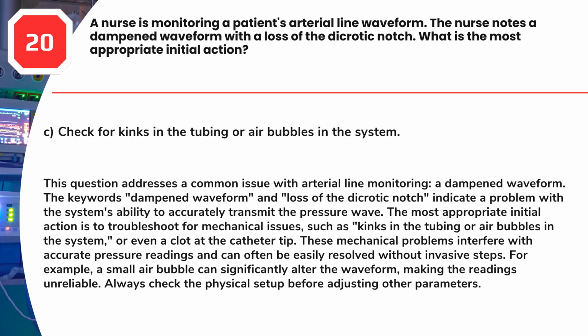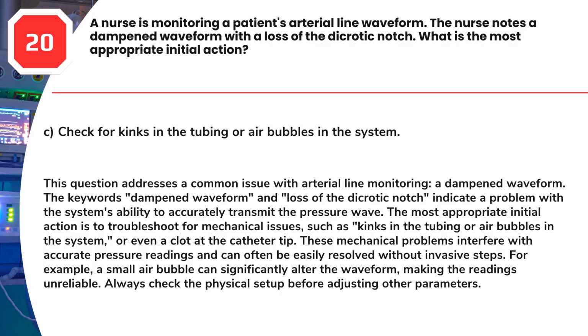This question addresses a common issue with arterial line monitoring, a dampened waveform. The keywords dampened waveform and loss of the dicrotic notch indicate a problem with the system's ability to accurately transmit the pressure wave. The most appropriate initial action is to troubleshoot for mechanical issues, such as kinks in the tubing or air bubbles in the system, or even a clot at the catheter tip.